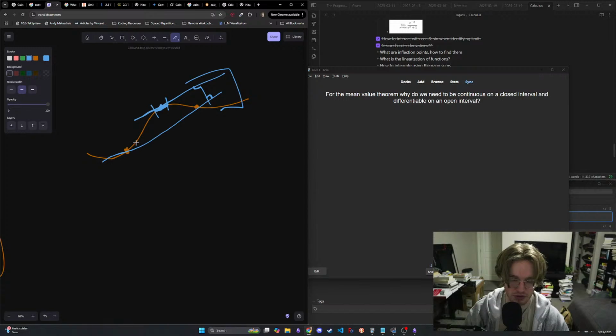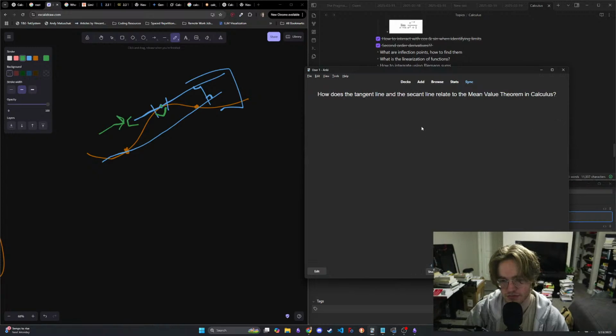Also differentiable, so I guess the two conditions are that this piece exists right here for this point, and that we could differentiate along this whole thing, such that this instance of a differentiation works. Okay, so the tangent line is here in the mean value theorem, and the secant line is here in the mean value theorem.